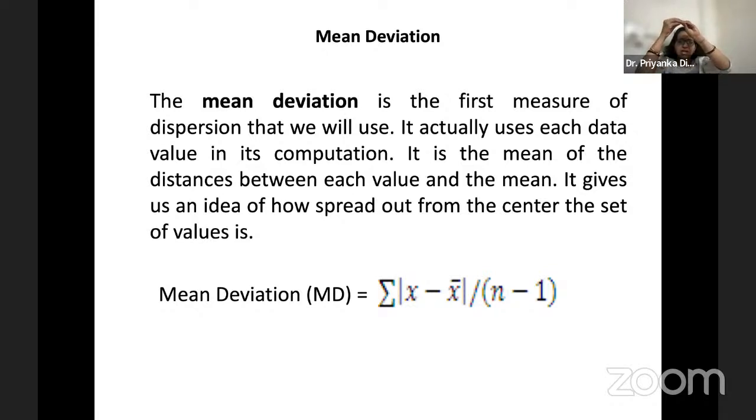So what are we going to calculate, x minus x bar? This is my x bar, the mean, and this is one x. I'm going to calculate how much the distance is, xi minus x bar, this distance, then this distance, then this distance.